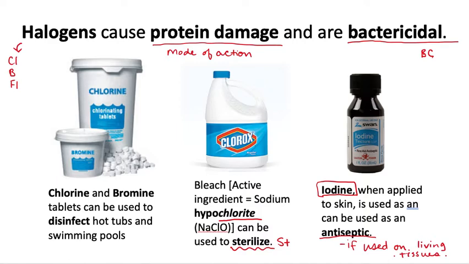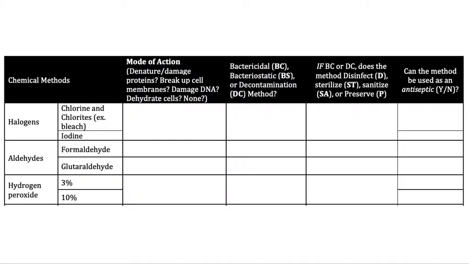All right, so let's fill out our chart. We've taken our notes on halogens as our first chemical method. Now, mode of action: these denature and damage cellular proteins. Really harsh, so they are in fact bactericidal no matter what type.